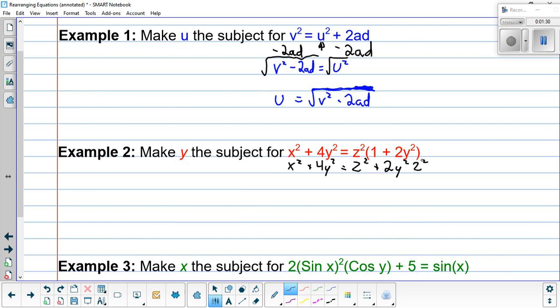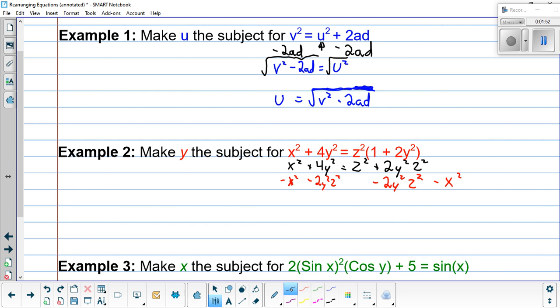So by doing that, I have to do minus x squared on our left side, so I have to subtract it on our right side. Then I have to subtract this 2y squared z squared, so I subtract 2y squared z squared from our left.